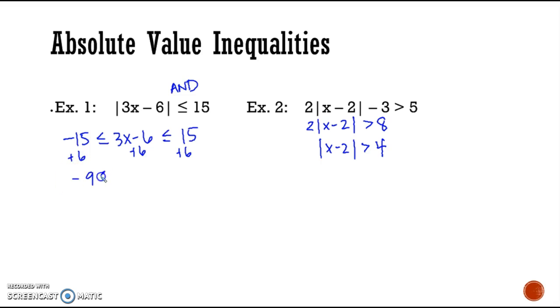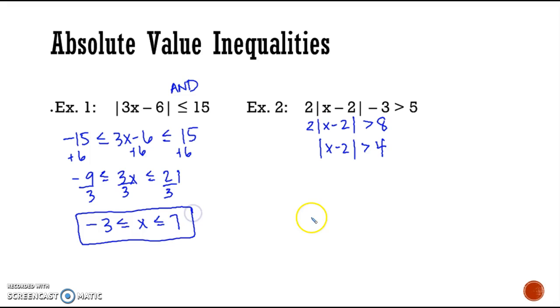So I get negative 9 less than or equal to 3x less than or equal to 21. And then divide everything by 3. And I get negative 3 less than or equal to x less than or equal to 7. And that is my solution to this inequality. So as long as x is between negative 3 and 7, my absolute value is less than or equal to 15 units from 0. So "and" becomes our compound inequality where I have two sides, a positive and a negative.